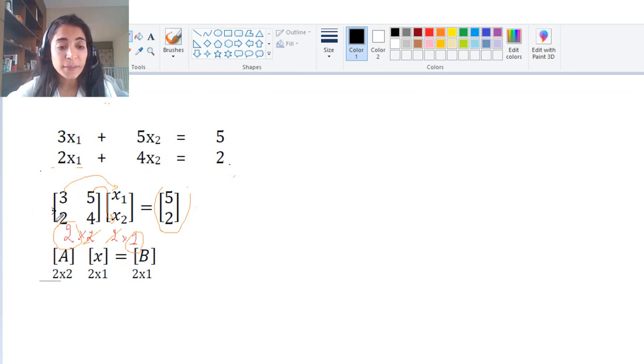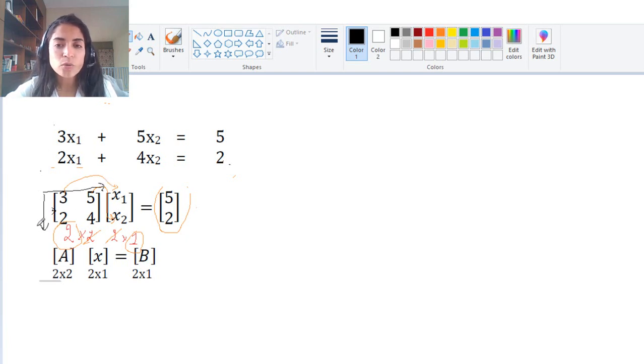And I know that this matrix equation could be represented by this equation: AX is equal to B, where A includes the coefficients of these two equations. Now, what is the size of this A? Basically, guys, the size of A is here, in this case, 2 rows, 2 columns.